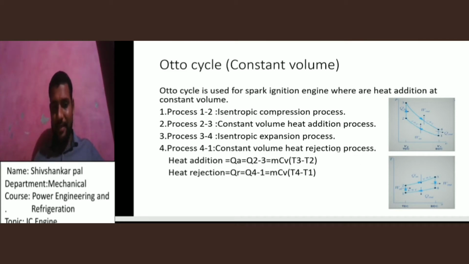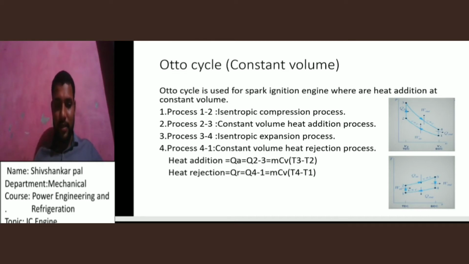Heat rejection occurs in the process 4 to 1. Here also the volume is constant, so the specific heat is CV: m CV (T4 minus T1), maximum temperature minus minimum temperature.